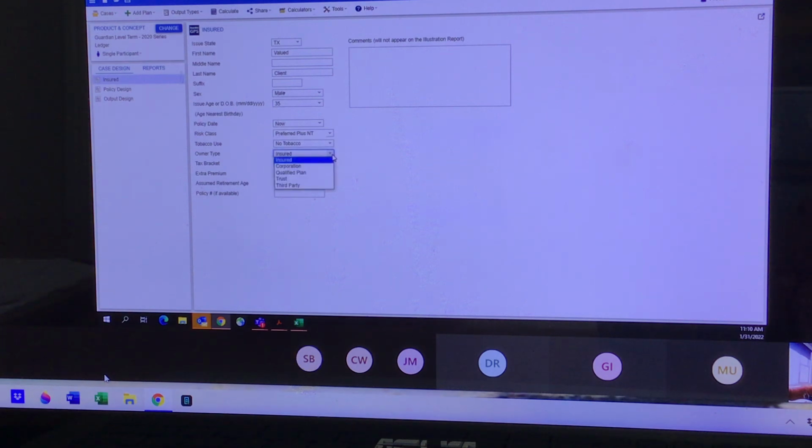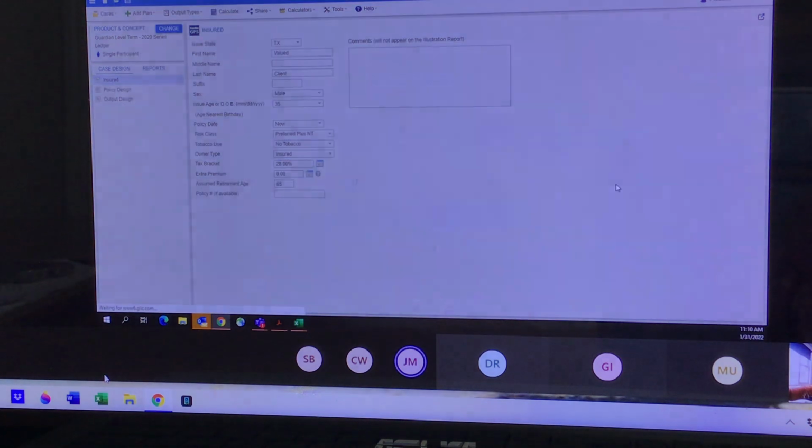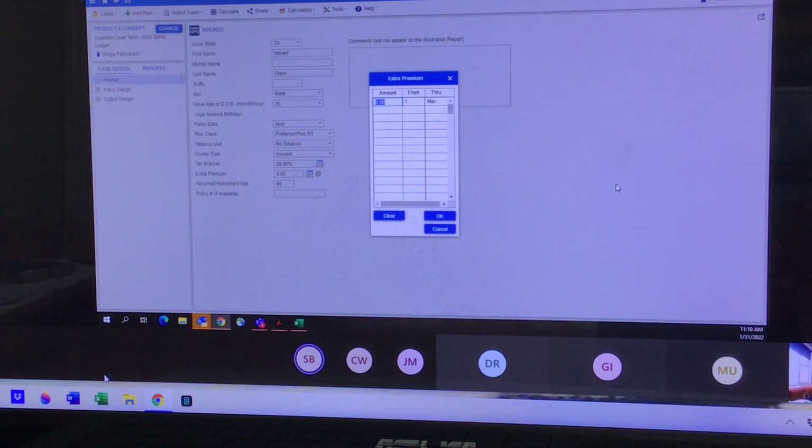Owner type isn't going to make a whole lot of difference in the illustration itself, just like tax bracket isn't going to make much of a difference in a term contract. Could potentially make a difference in a whole life contract, but we'll get into that. So it doesn't really matter what we put there. Extra premium, that's if we have a flat extra.